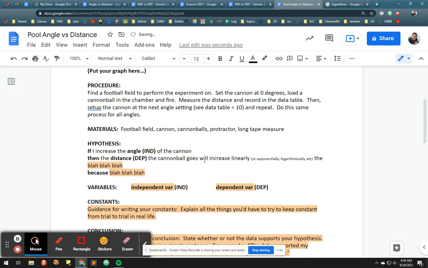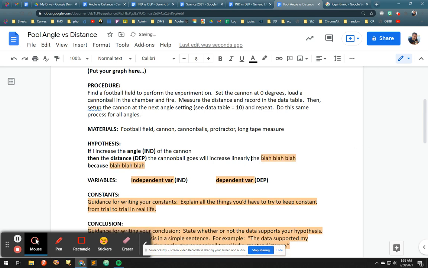Will increase linearly. Sure. And I wrote in here, sometimes it's exponential, sometimes it's logarithmic. Not super necessary that you know what those are, but sometimes it just helps explain your prediction a little bit better. If I increase the angle of the cannon, then the distance the cannonball goes will increase linearly.